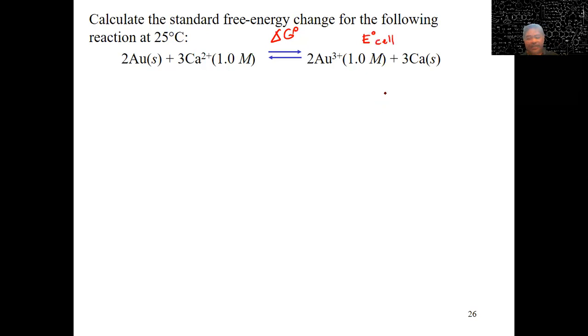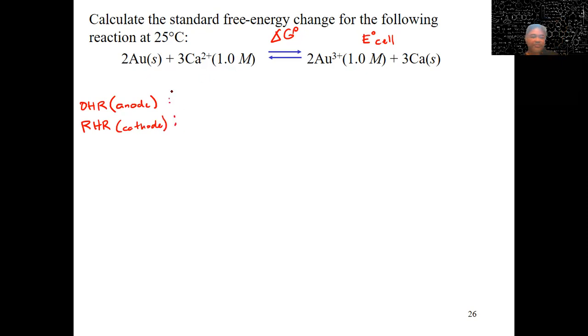Now, as I have told you, if the reaction is given, you have to base on the given reaction which species is oxidized and which species is reduced. So the oxidation half reaction is where the anode happens. The reduction half reaction, that's the cathode.